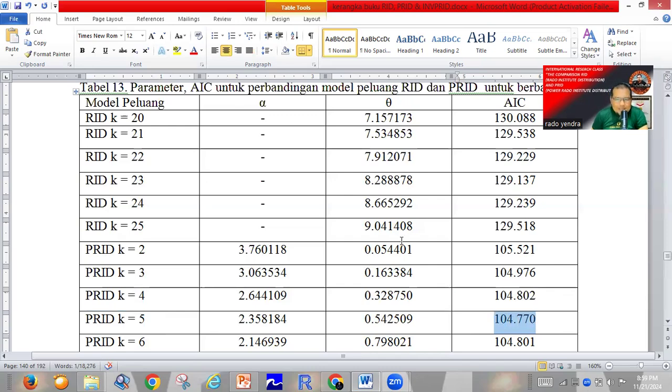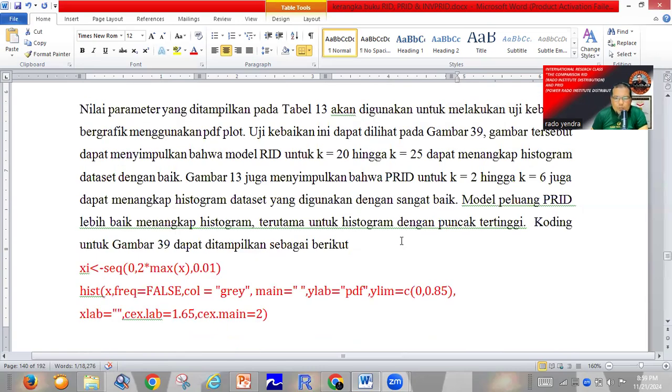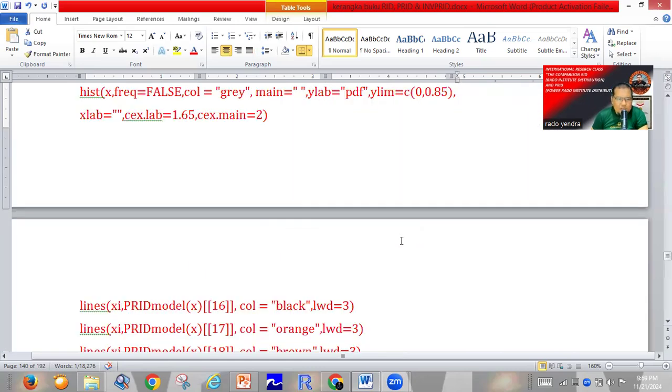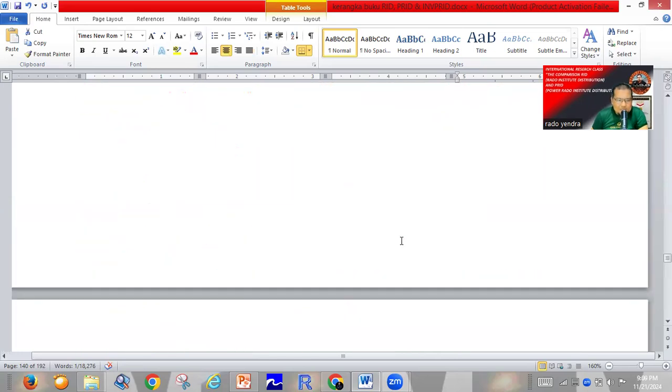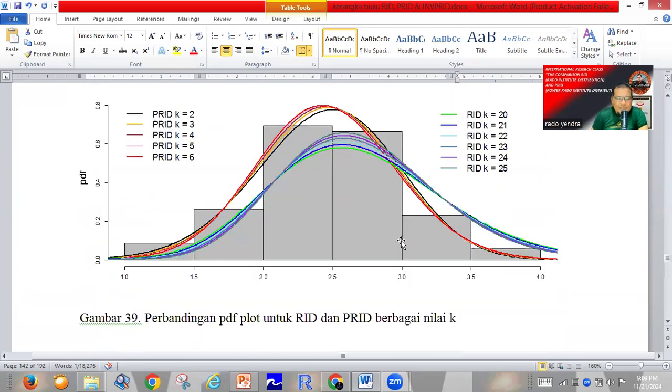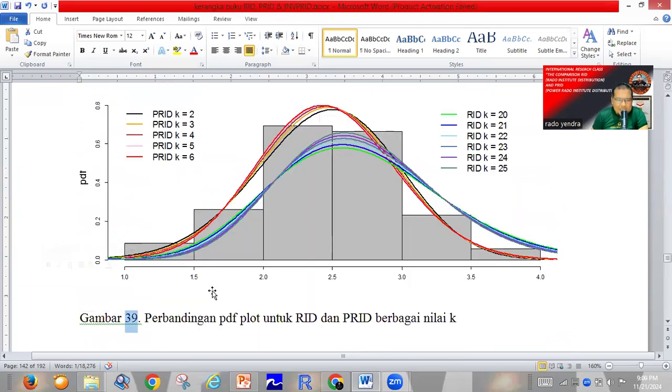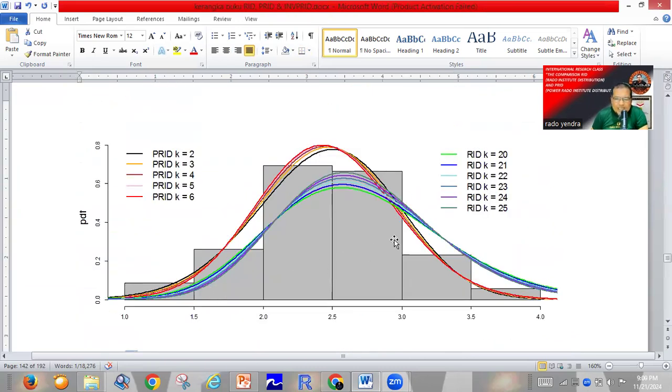Then we make the comparison using the density plot. In figure 39, we can check that there is a significant difference between the density plots of the PRID and the RID.